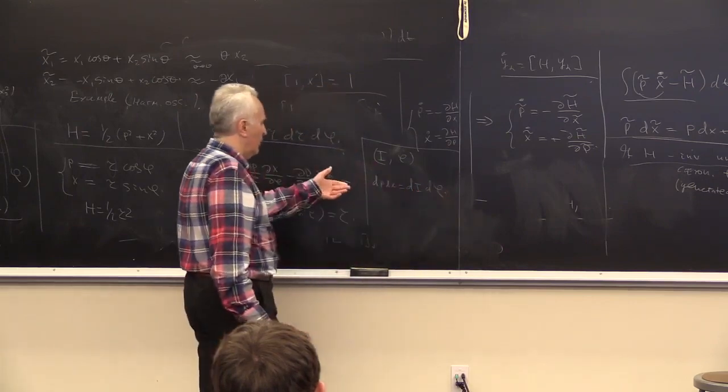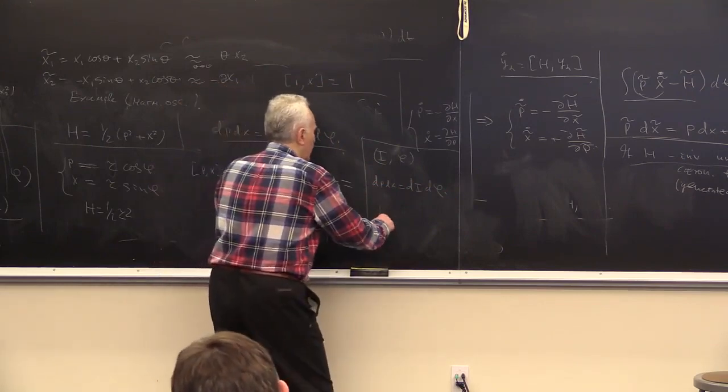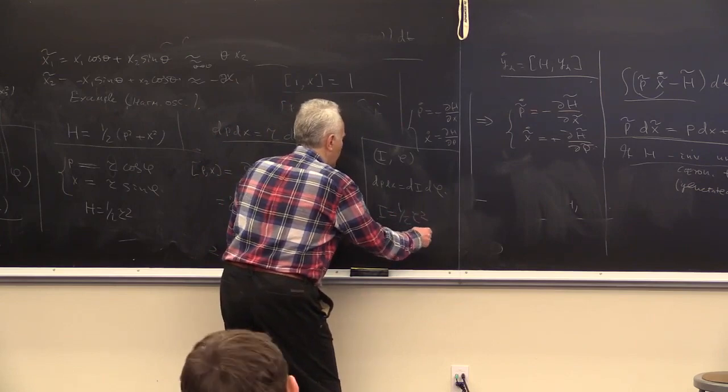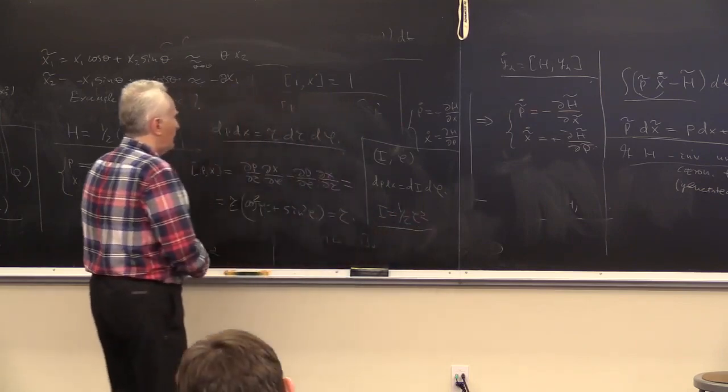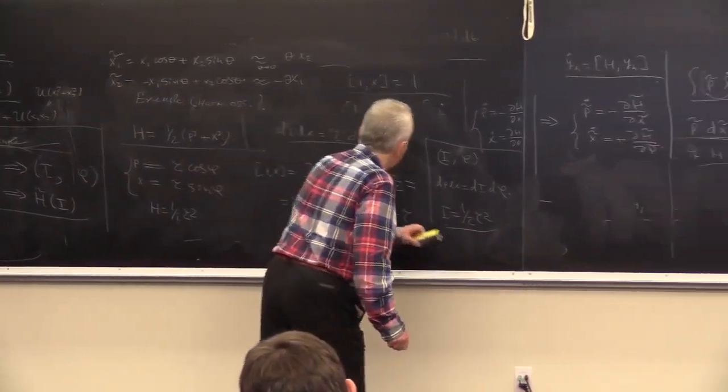That's true for a canonical transformation. And you see that if you choose I simply as 1/2 r square, then everything works.